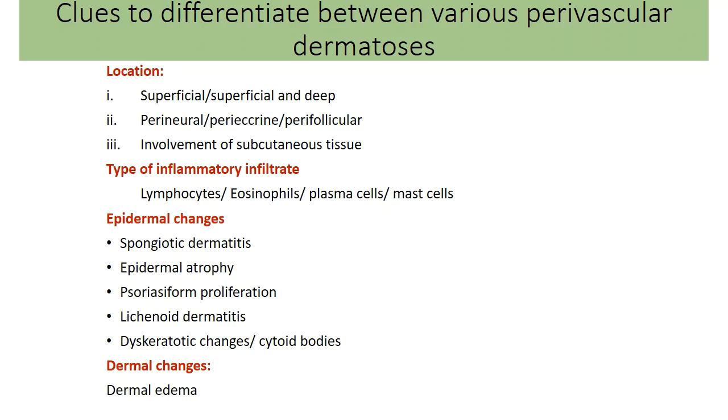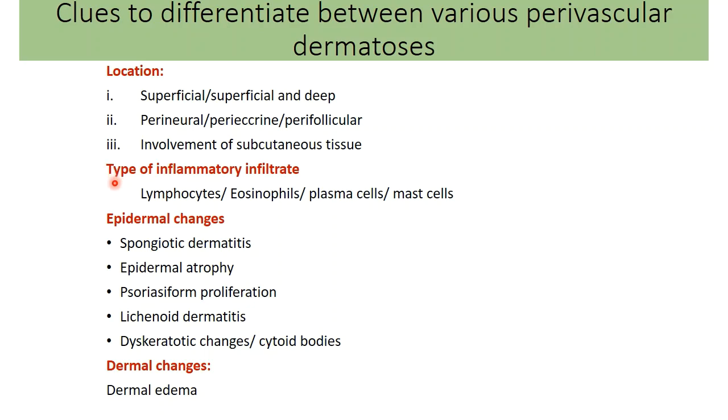These are the clues to differentiate between various perivascular dermatosis. First is based on the location, whether it is confined to the superficial dermis or is it both superficial and deep perivascular location, associated perineural, periacrine and perifollicular inflammation, involvement of subcutaneous.